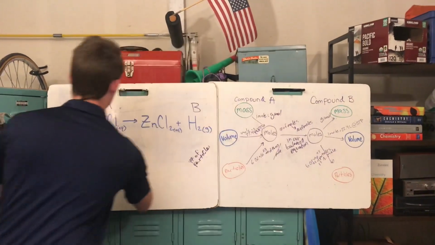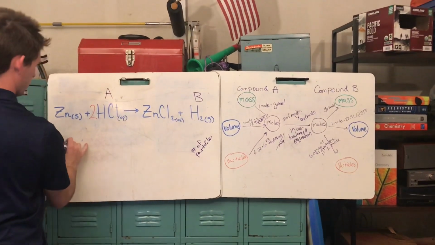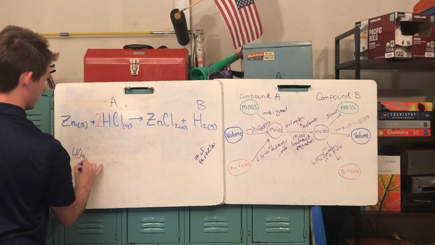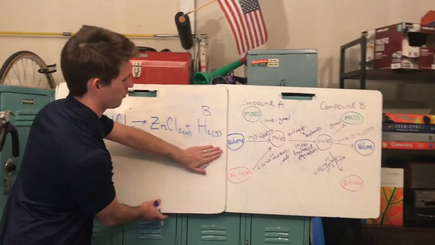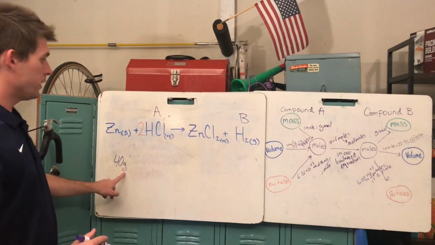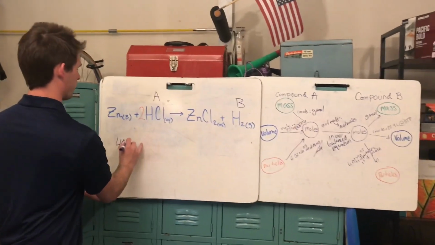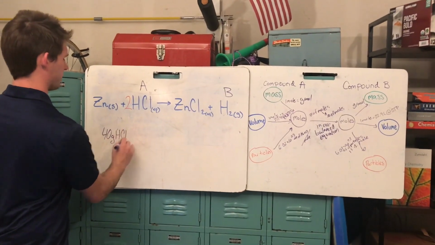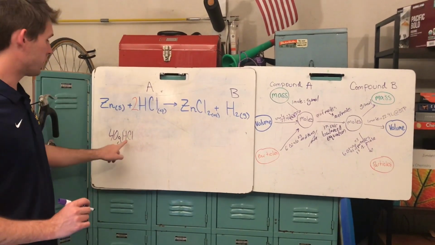So we start over here with what was given, 40 grams. Okay, and I'm going to erase this real quick, but that's where we're going. We start out with 40 grams of hydrochloric acid, and we need to convert this.